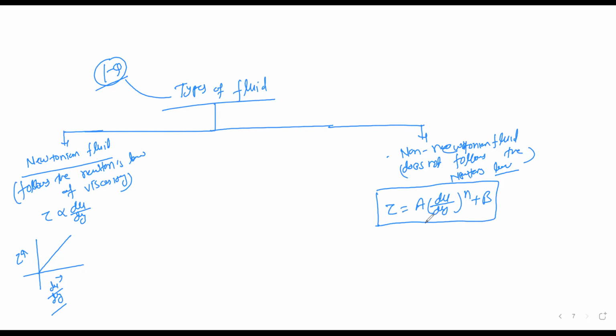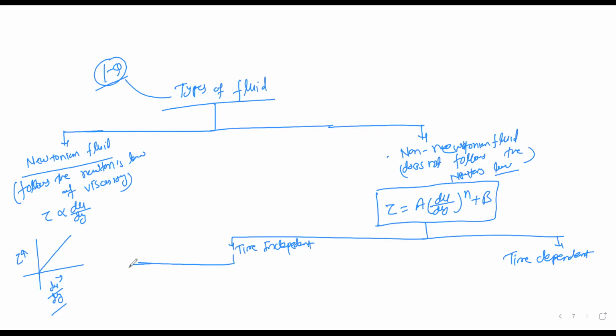That non-Newtonian fluid is further divided into two types. The first is time independent, which does not depend upon time, and the next is time dependent. Time independent has three types of fluids. The first is the pseudoplastic fluid.